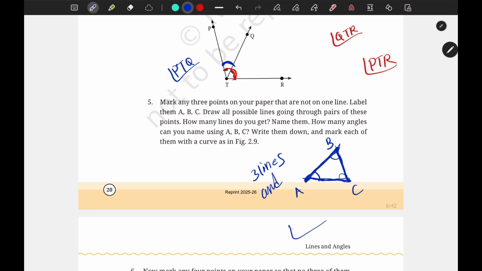So angle BAC, and next this one, ABC, and another one, this one, ACB.